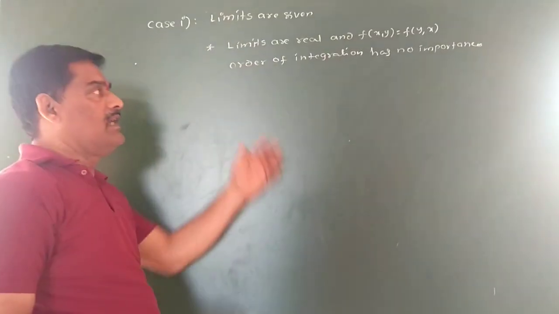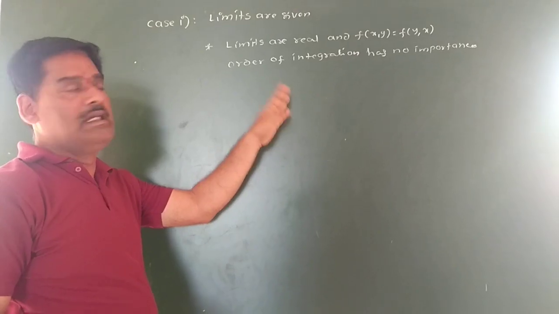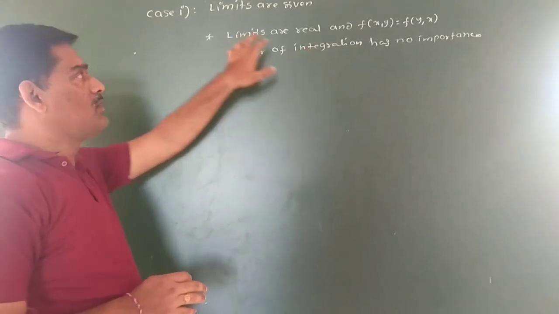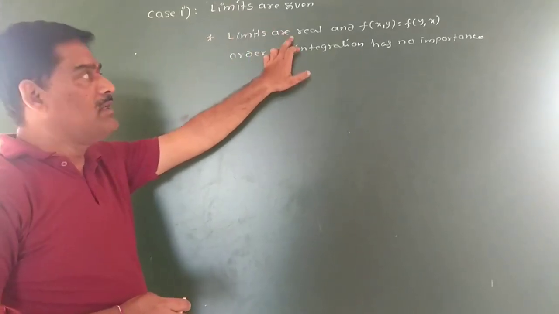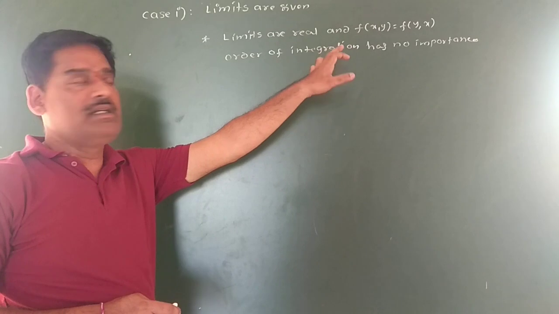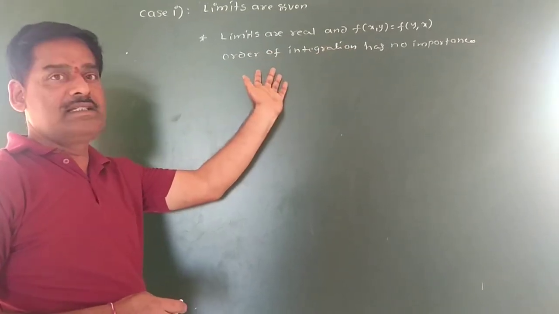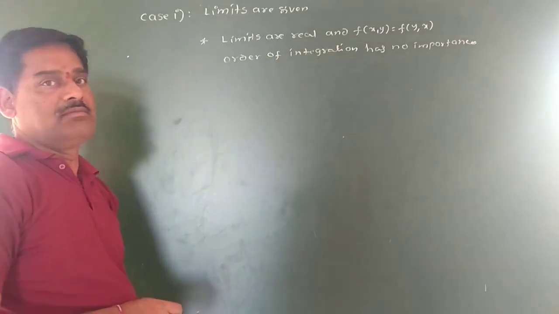That means either the first one is the x integral or the second one is the x integral; in any of the cases you are going to get the same answer. So the first case is, when the limits are real numbers satisfying f of x comma y equal to f of y comma x, either the first integral is the x integral or the second integral is the x integral, and you can find your answer.